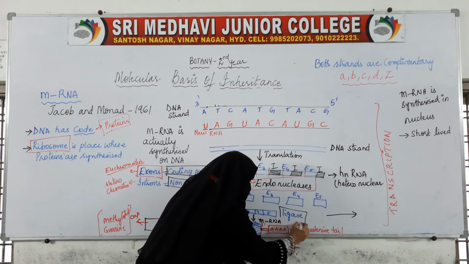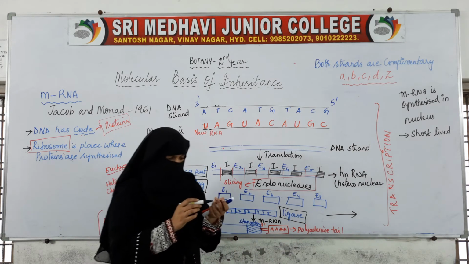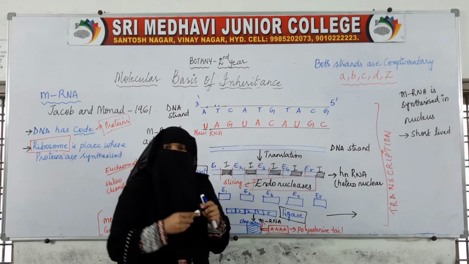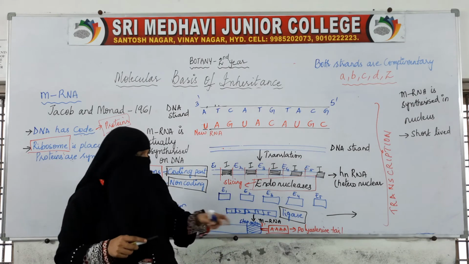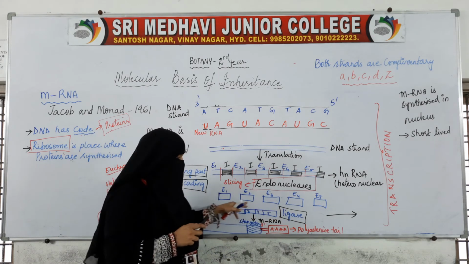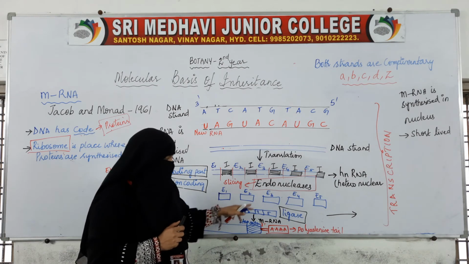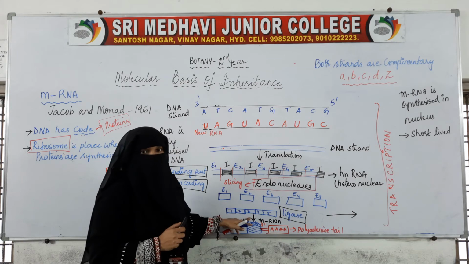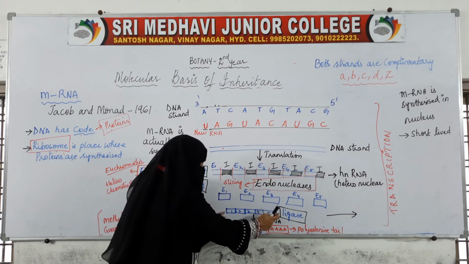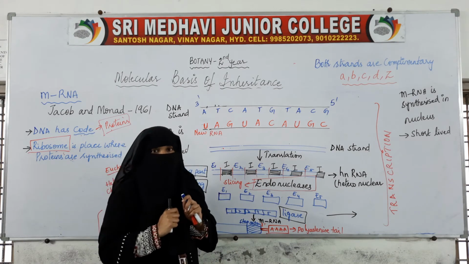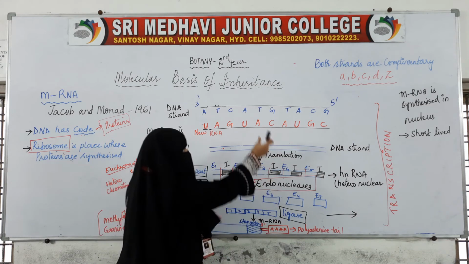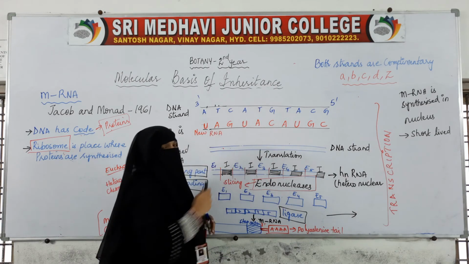This enzyme is ligase. Endonuclease is the enzyme which helps in cutting, whereas ligase helps in joining the cut pieces. Now this is the actual mRNA. This mRNA has been synthesized from this DNA.